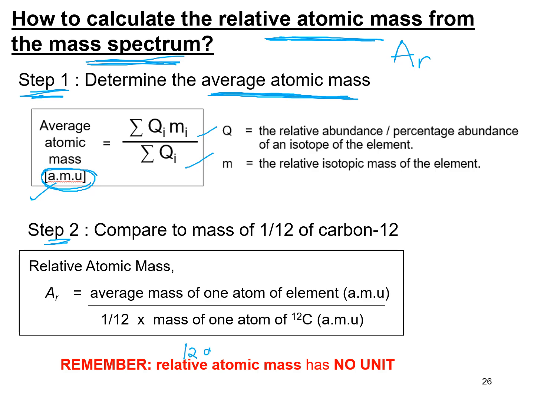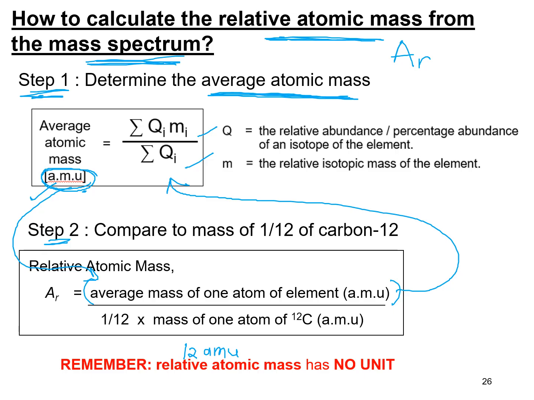Artinya 12 AMU lah. Macam mana dapat average mass of one atom of element ni? You boleh dapat daripada calculation of average atomic mass. Because average atomic mass ni, bila kamu kira-kira dia, kamu akan dapatlah dalam unit AMU kan. So you just masukkan saja nanti. Masukkan saja di sini. Dan bagikan dengan 1/12 kalikan dengan 12 AMU.